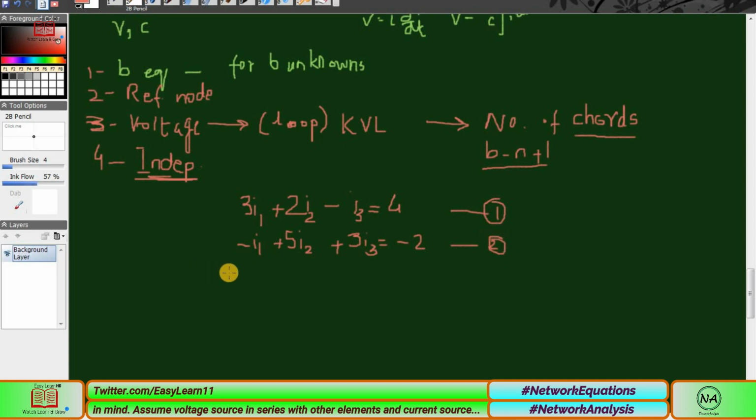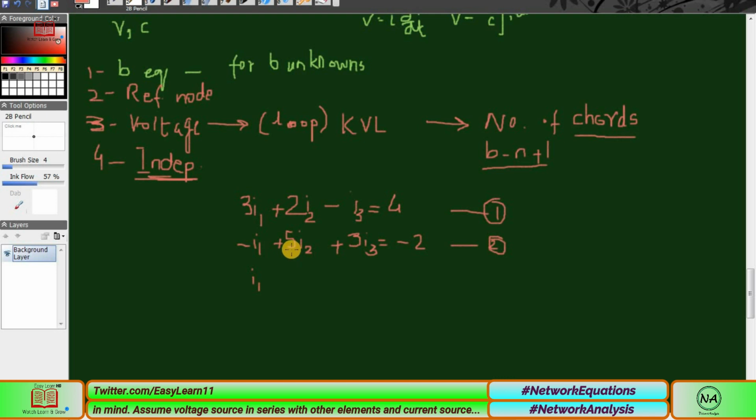If I multiply equation number 2 by 2, and then add it to equation number 1: multiplying minus 1 by 2 gives minus 2, and adding 3 gives 1, so 1i1.